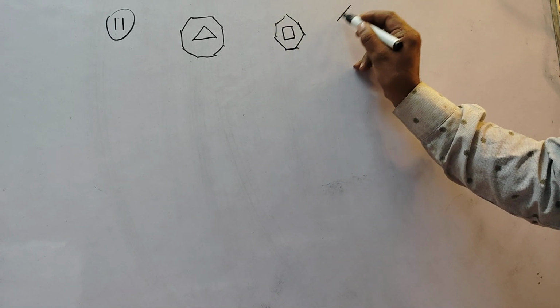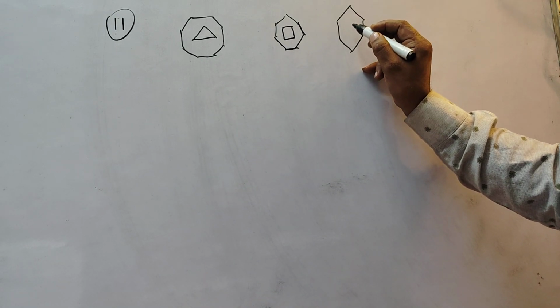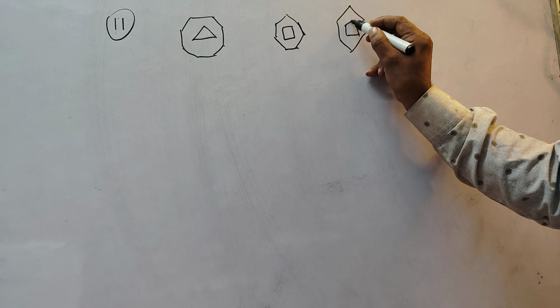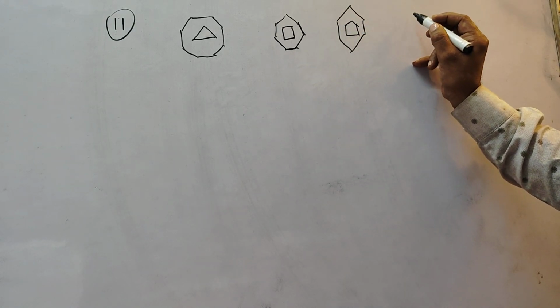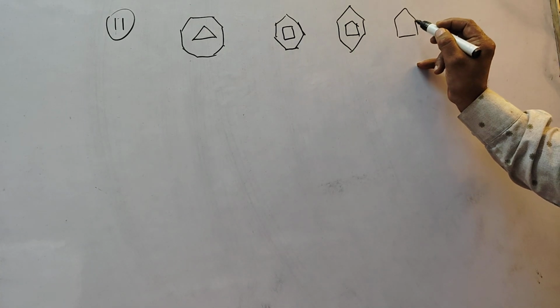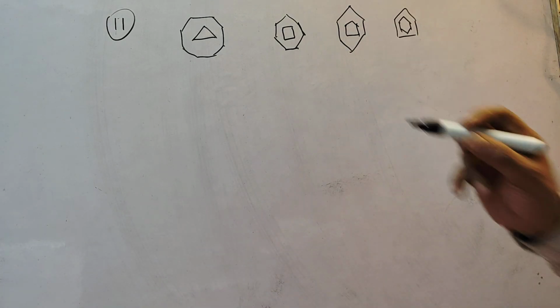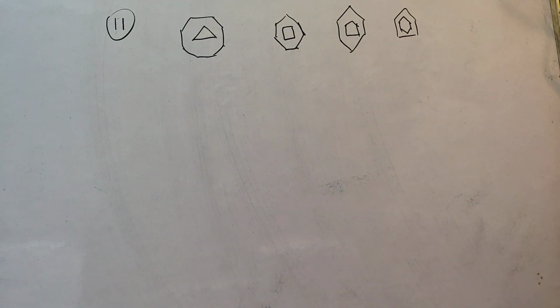And the next one is 6-sided, the middle one is a pentagon. The next one is 5-sided, the middle one is a hexagon. So you can identify that the outer side number is decreasing and the inside figure's sides are increasing, continuously.